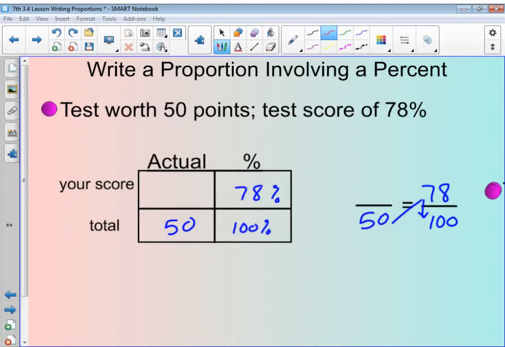You should have ended up with 39 points. So you got 39 out of 50 on that test.